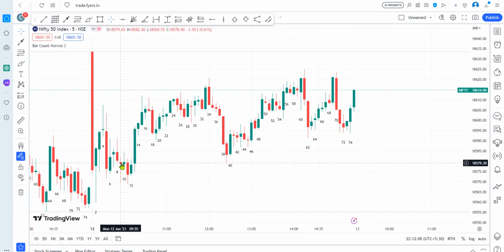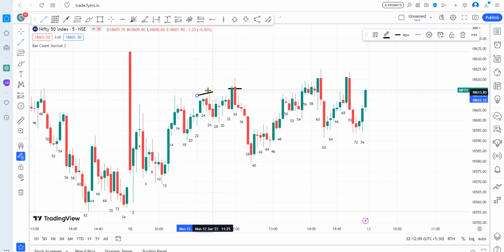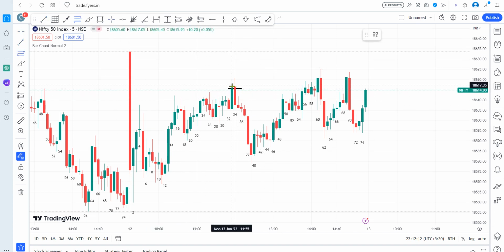Okay, another approach is, let's say you bought here at the top of the trading range day. Now you see consecutive selling bars. At the 40th candle, what you observe is there is a green candle.